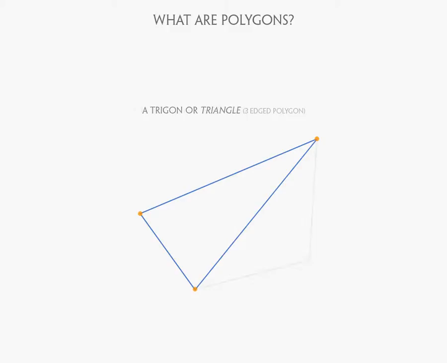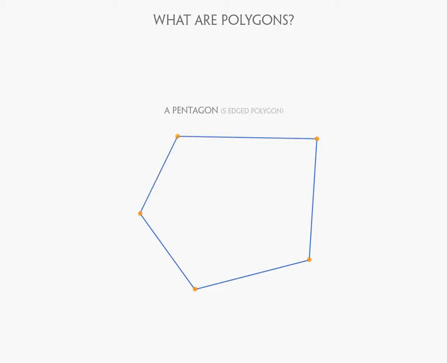Four edges is a tetragon, also more commonly known as a square, rectangle, quad, and so on. Five sides gives us a pentagon, six a hexagon, and so on. Now, the monogon and the digon that I just mentioned aren't particularly useful to us when we're modeling.